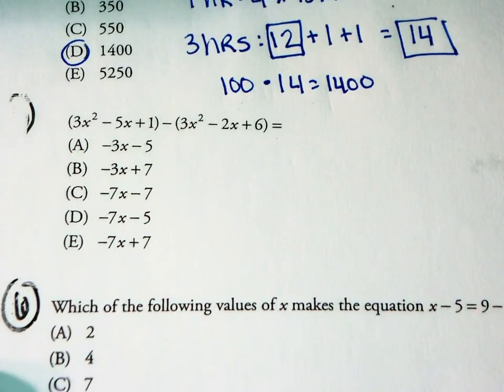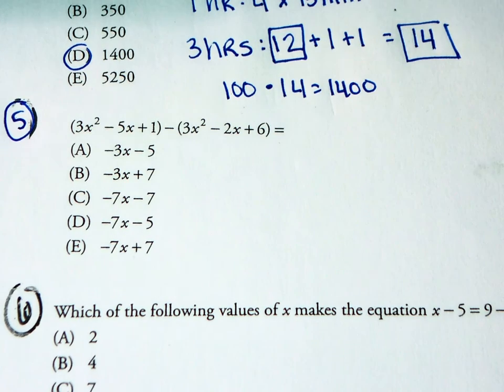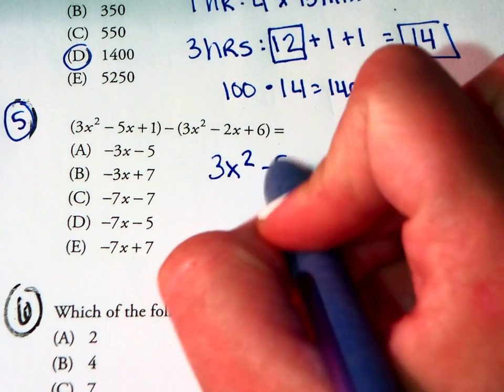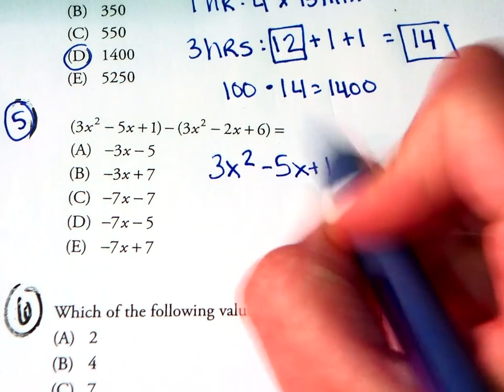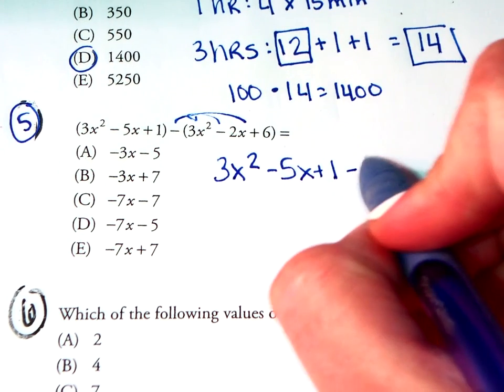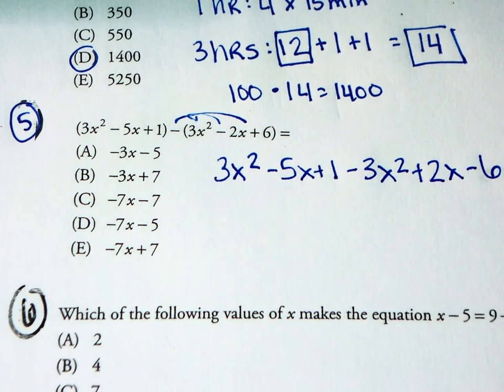Okay, number 5 is a little bit tricky because they are purposely subtracting these polynomials so that you distribute incorrectly. So this first part is going to stay the same, 3x² - 5x + 1. Then I have to distribute my negative to everything, which means this is -3x² + 2x - 6.